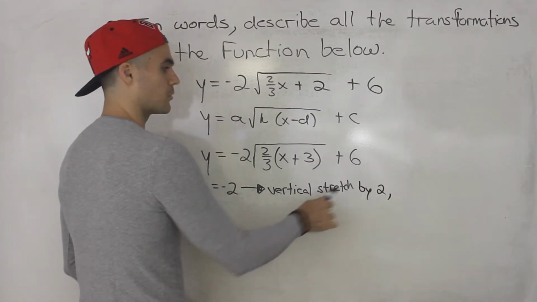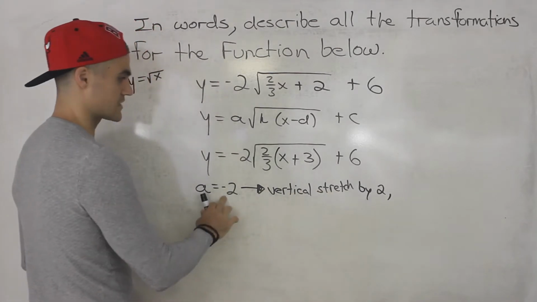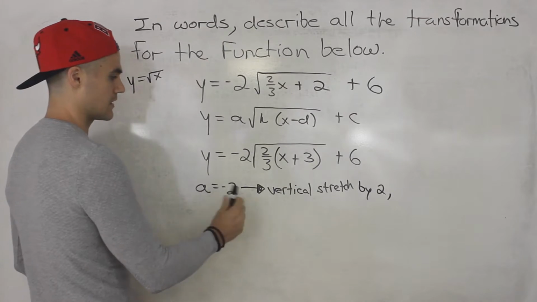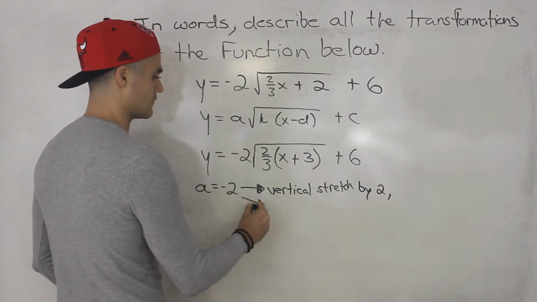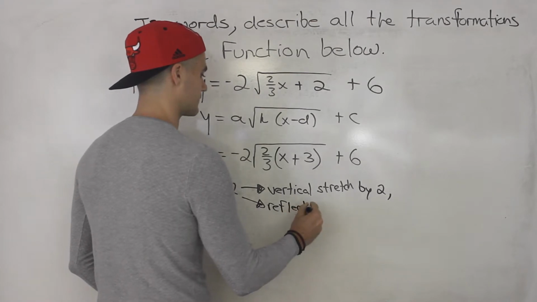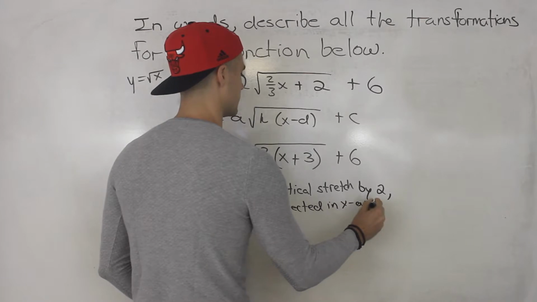Remember, when we're talking about factors, we always put the absolute value, so the positive number, even if it's negative. But because the a value is negative, what else does that mean? It means that the function is reflected in the x-axis.